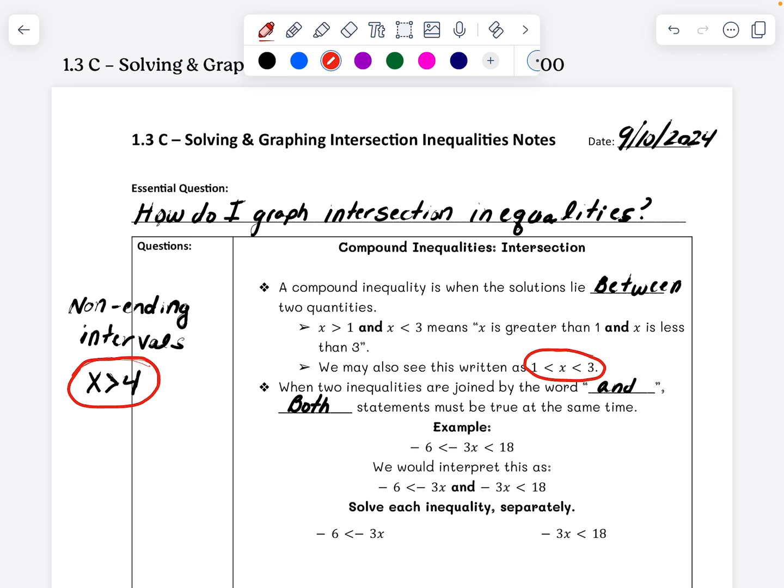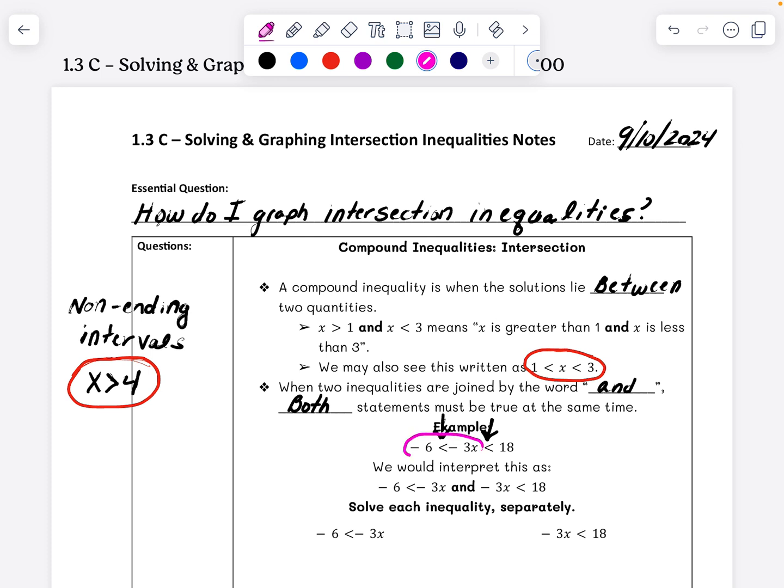And we're able to take that inequality and solve it separately. You're going to see two inequality symbols, one here and one here. Okay. So we're going to take them and solve them separately.